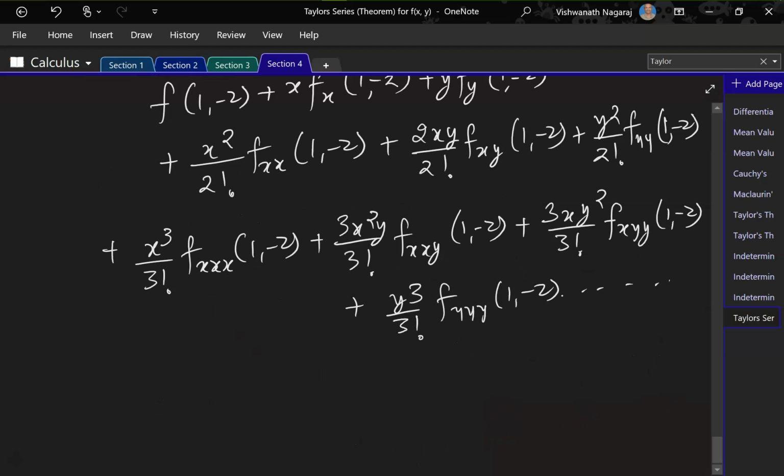Now let's substitute the values. Minus 10 plus, here we don't have x, we have x minus 1 times minus 4.